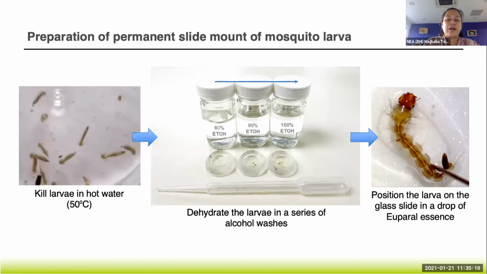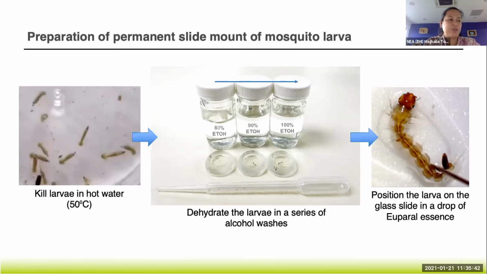The purpose of the essence is to make your sample more workable. It will allow you to arrange the hairs and the structures of your sample without causing it to dry up. In doing so, it will be more malleable, as long as it's not boiling.